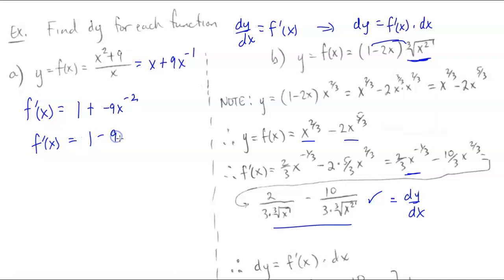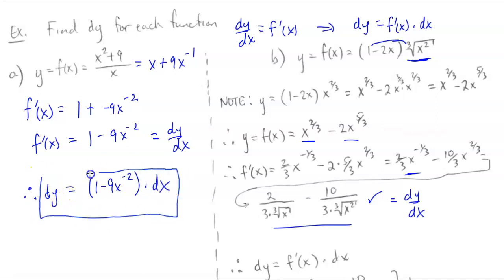So this will be 1 minus 9x raised to the negative 2. And this is equal to dy over dx. So therefore, dy is just going to be 1 minus 9x raised to the negative 2, all that times dx. And this would be the differential formula for this particular function.